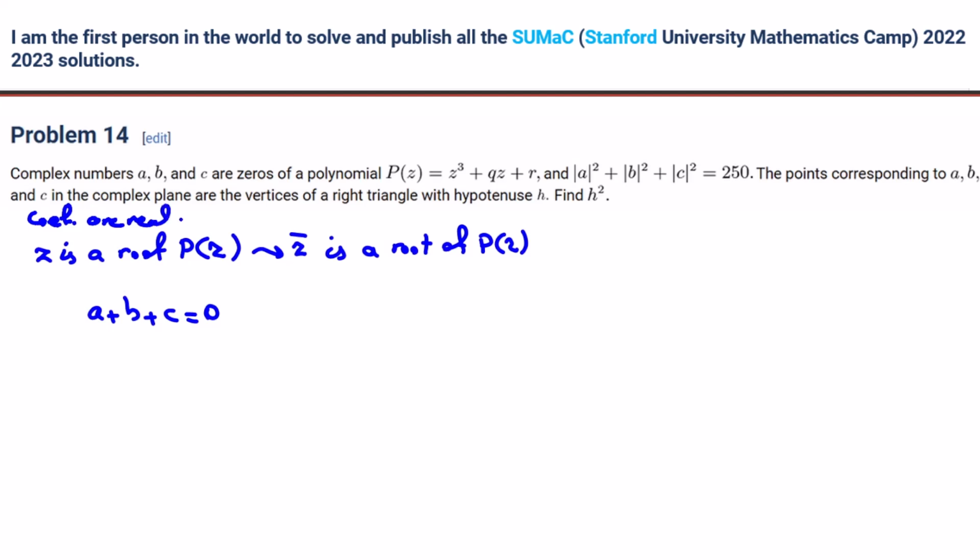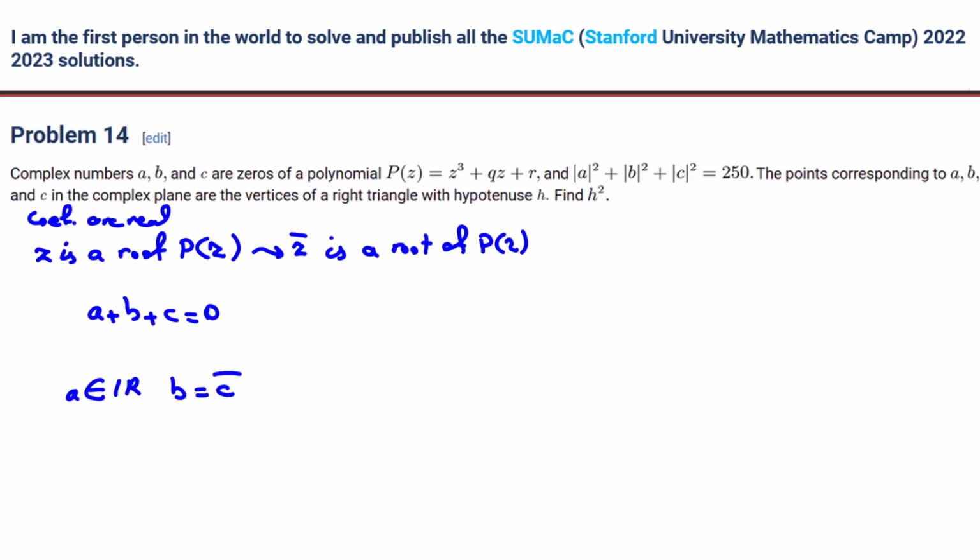If we consider the coefficients are real, then what can we conclude? So Z conjugate is a root, and the other one is real. One of them is real, right? And the two others, for example, A is a real number and B and C are conjugates of each other.